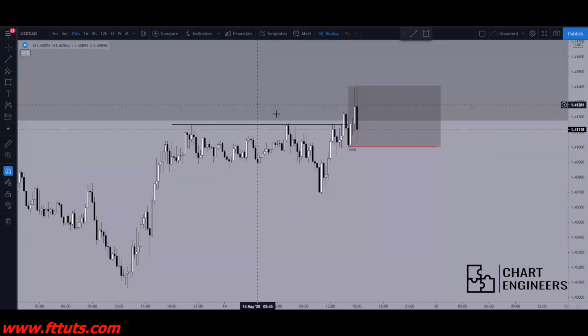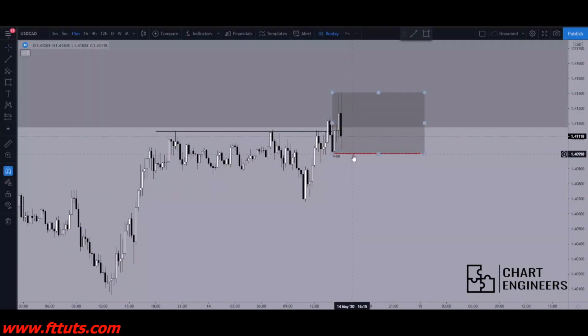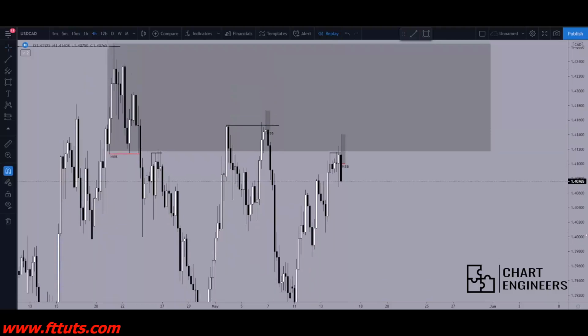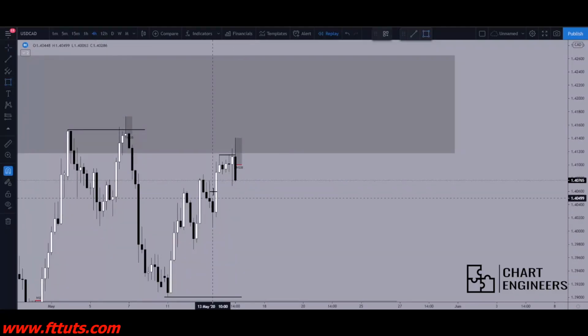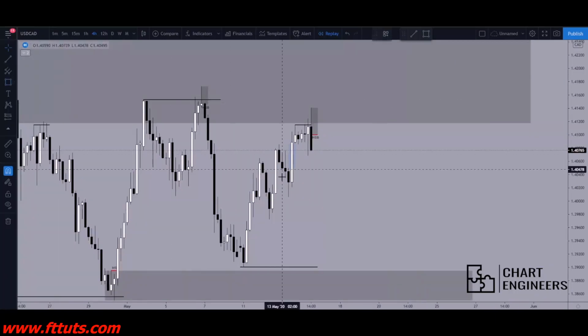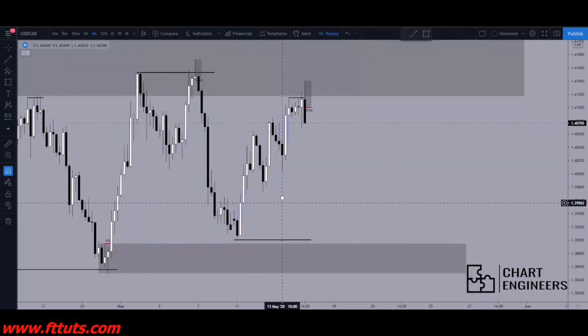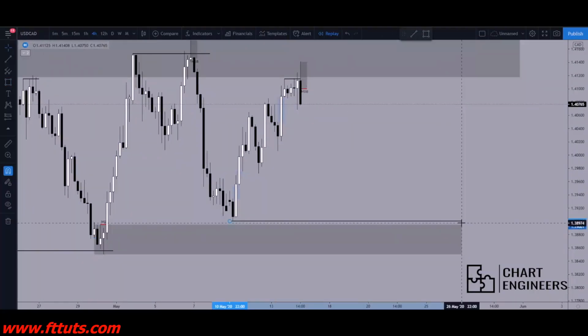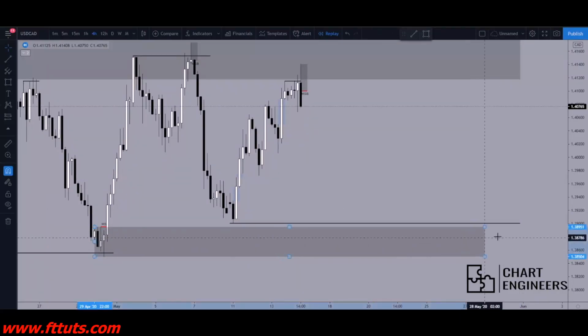So now if we're looking here, we can just wait for the market to come down, back up, and then continue lower. And then as for targets, as we can see, we have this pretty big fair value gap right here. And then we also have another one down here, another one here, and then we also have this daily low sitting here at the bottom of our range.